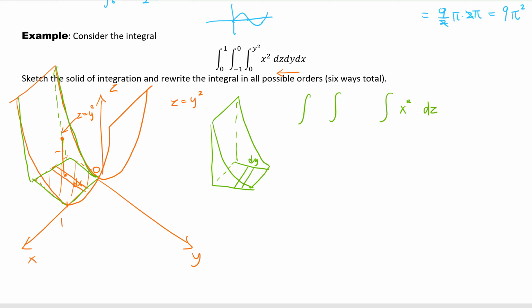And here we have dz, dx, dy. So y is from -1 to 0, and x from 0 to 1. And z, for any point on this rectangle, is from 0 to z equals y squared. So this is how we set it up. So far so good, everybody?